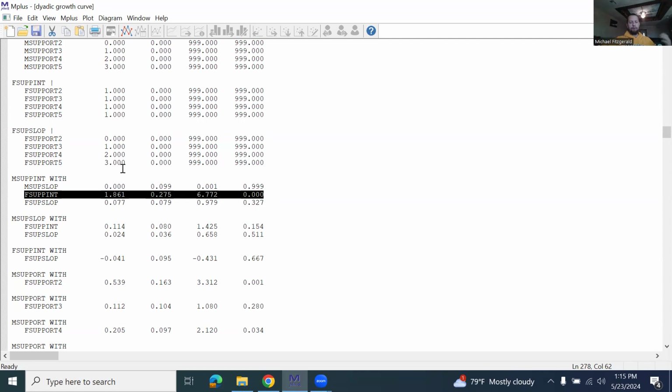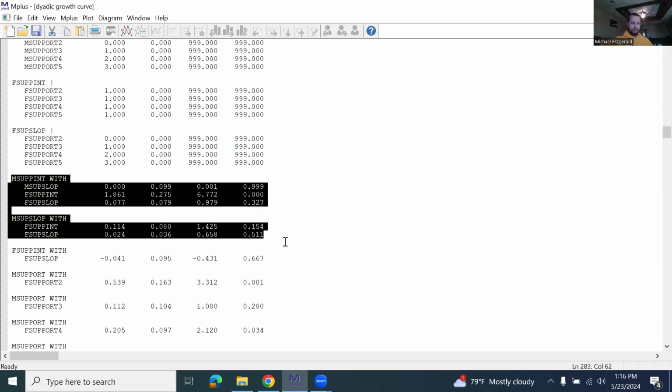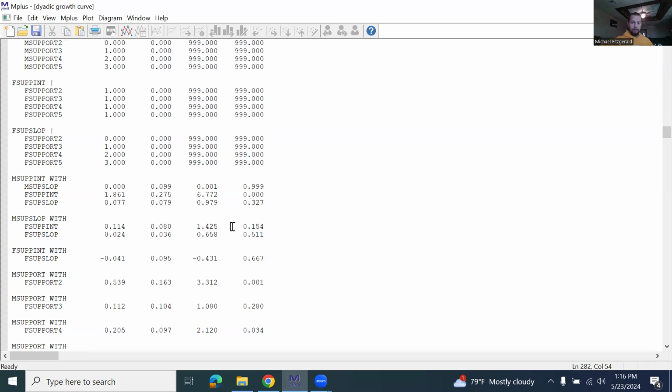So the higher that males are at time 1 in terms of marital support, the higher their partner is at time 1 in terms of marital support. Right, so that's how that would be interpreted. But again, we don't really see any other significant covariances. Again, all of these are unstandardized, and so we need to be careful with our interpretation because these are in the raw metric.